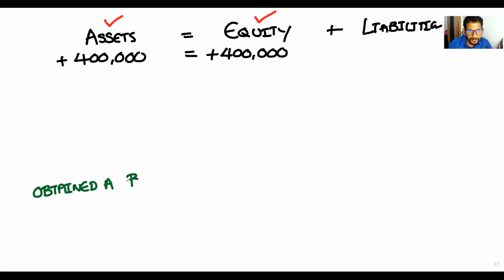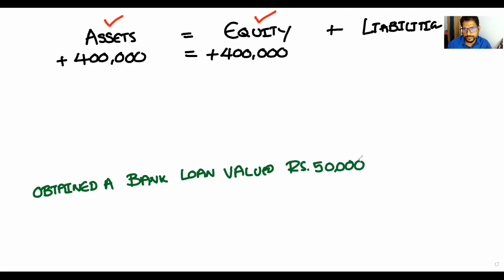Obtained a bank loan valued rupees 50,000. Tell me how you record this transaction in this accounting equation. Anybody in the class? From the business's viewpoint, what happens?